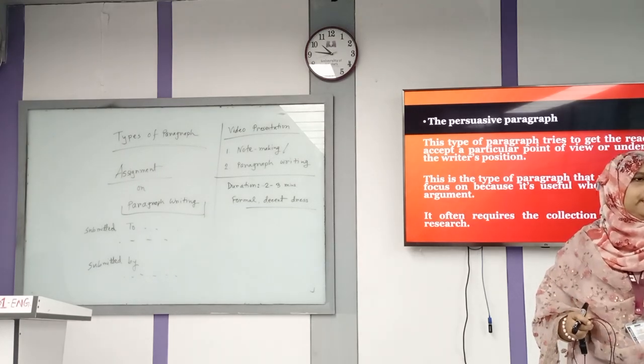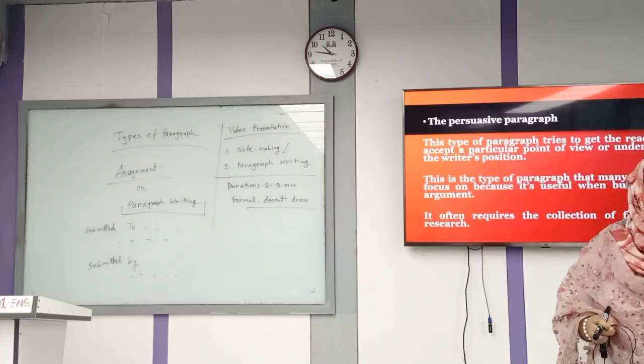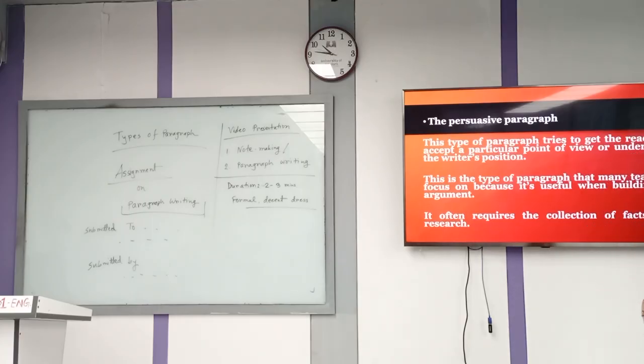Okay, have you seen this? We are talking about persuasive paragraph or argumentative paragraph. It often requires the collection of facts and assertions. So when you are asked to write the effect of plastic in the environment or only the polythene, you have to write the good and bad side, the positive and negative of polythene.